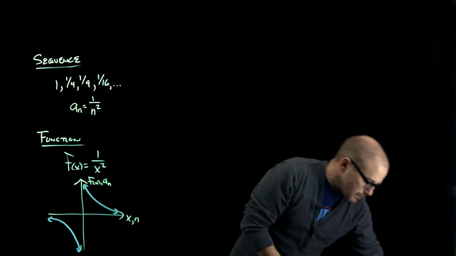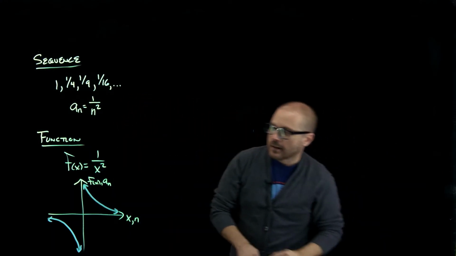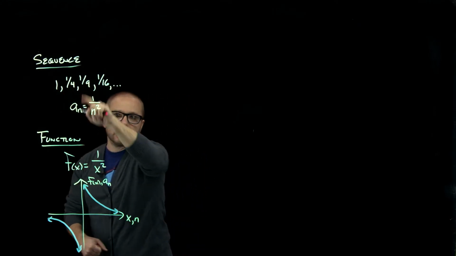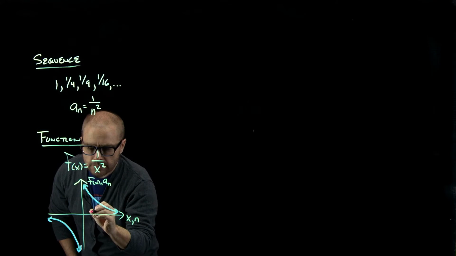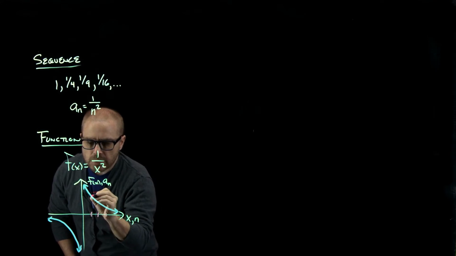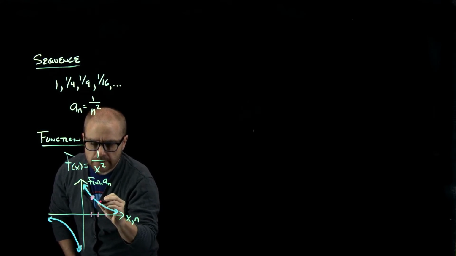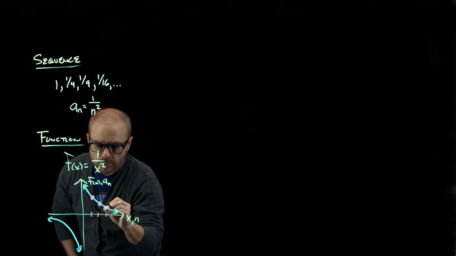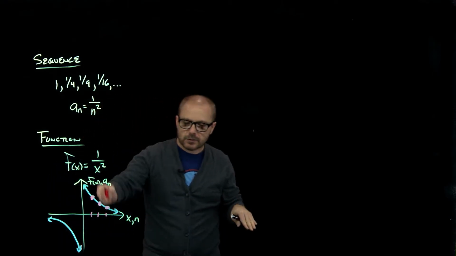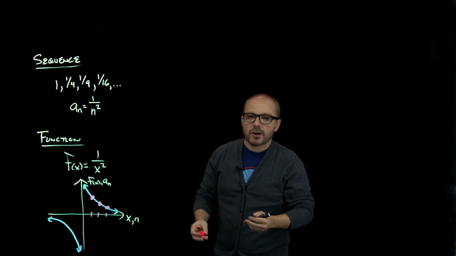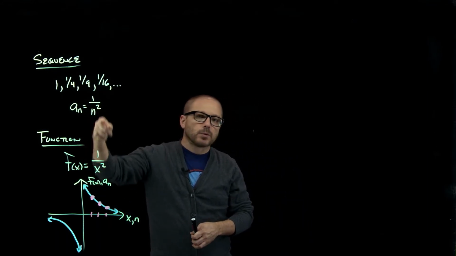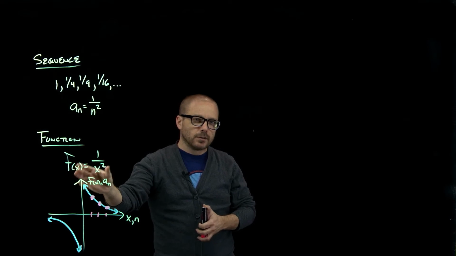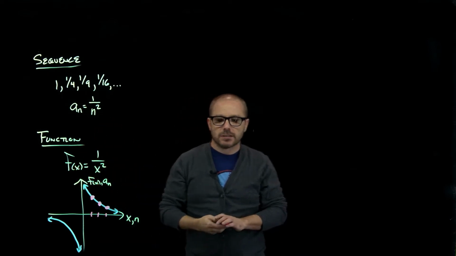The sequence is only these particular points, where n is 1, 2, 3, and so on. So it's a series of dots. If we think of it graphically, those would keep going. But they're very closely connected. Those dots are on that curve. So there is some sort of connection between the world of continuous functions and sequences.